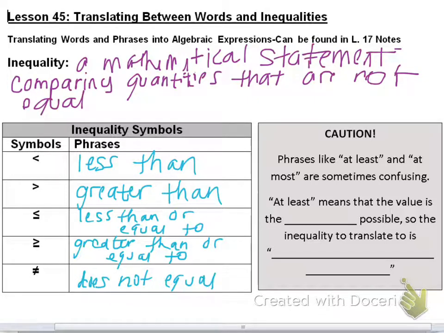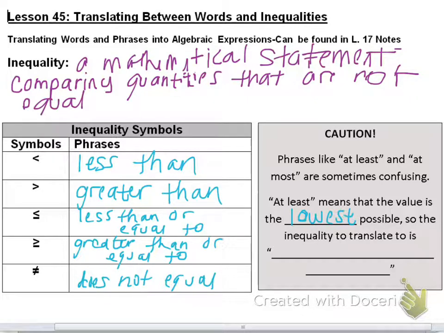And the box on the right is a caution box. I'd like you to fill in the blanks. Phrases like at least or at most are sometimes confusing because it actually translates to the inequality the opposite of what you would think. So the phrase at least means that the value on the right is going to be the lowest possible.